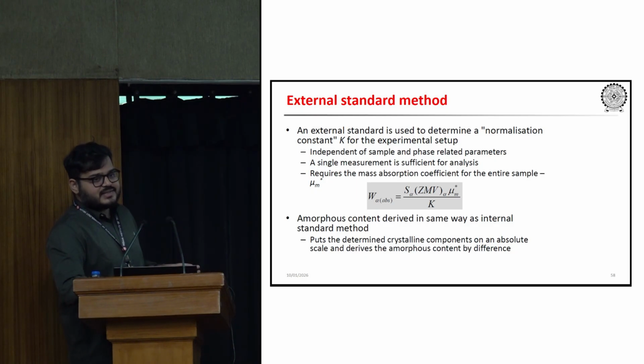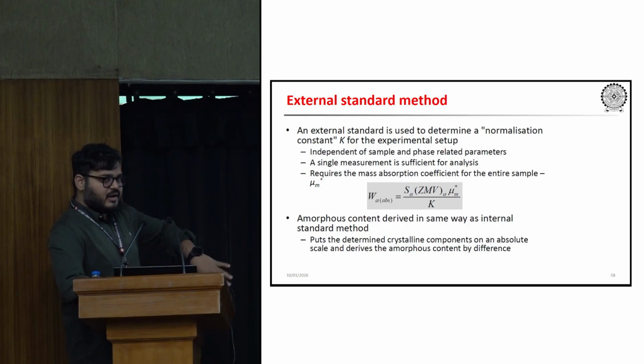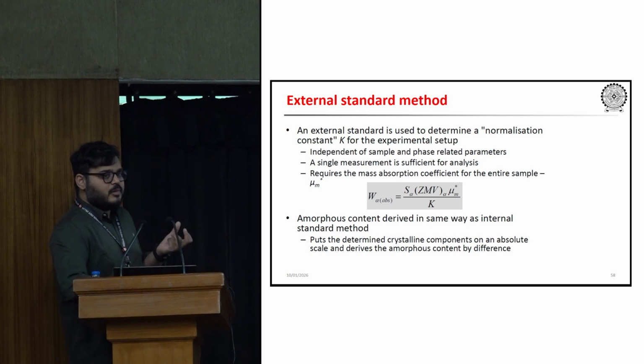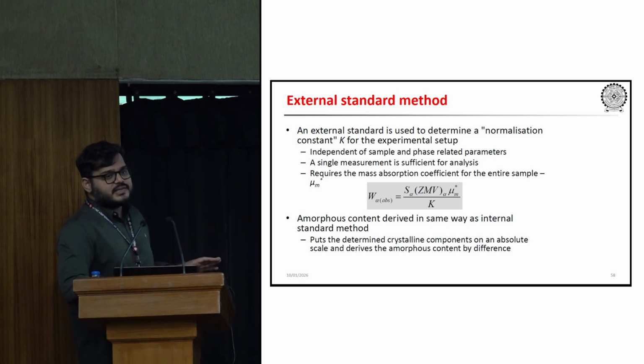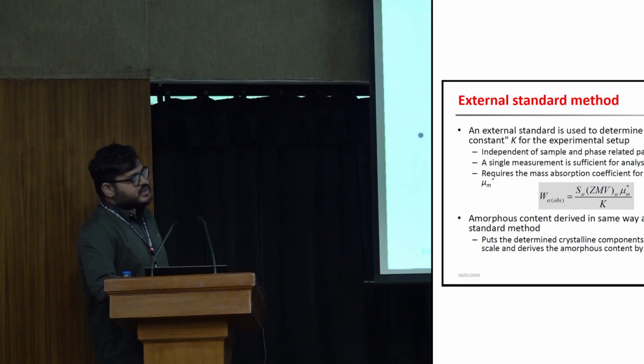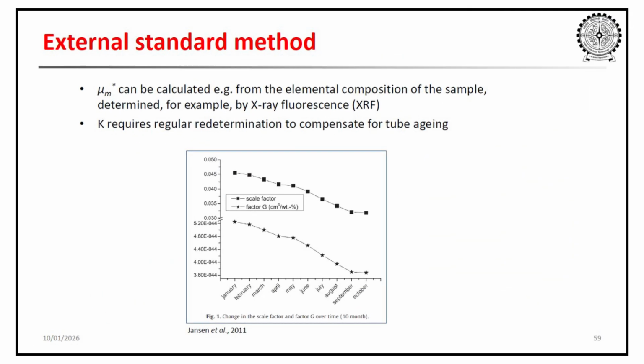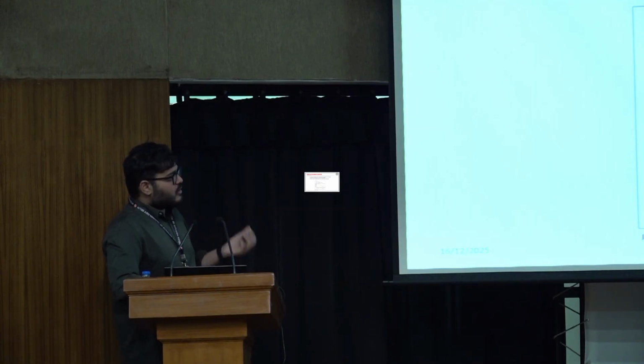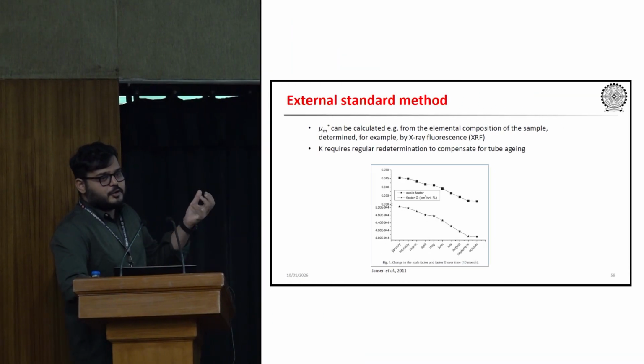Let's say I have my 10 XRD samples. I run the 10 XRD samples. After my 10 samples are run, I run one external standard, rutile, zincite or corundum, under the same measurement conditions as those we used to measure the samples. Right? Critical point is that as your tube is aging, let's say your tube is like 5 years, 6 years down the line, the efficiency of your tube is going to reduce.